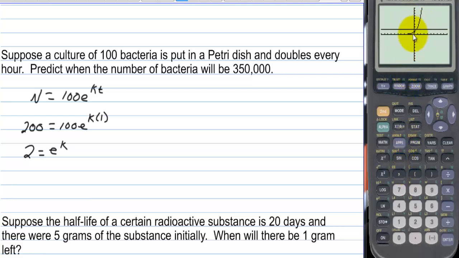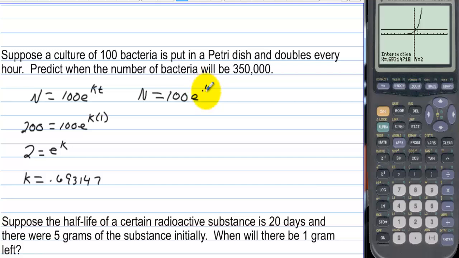And we want to find this intersection point. So we can go second, calculate, number 5 is intersect. And we can hit enter, enter, and then we're close enough to that intersection point, it should find it. K is equal to 0.693147.